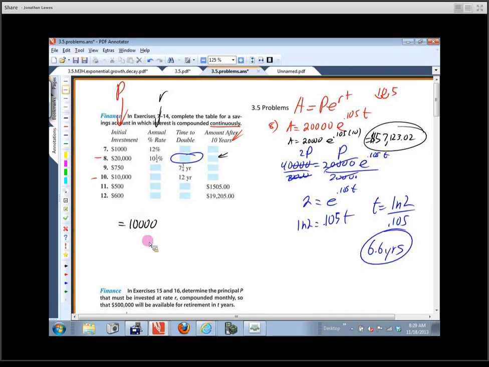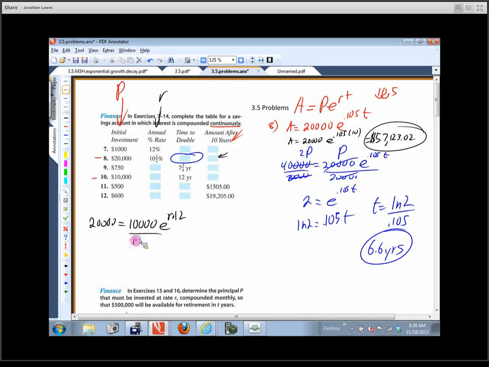That's going to be the principal. I don't know the interest rate, but I do know that if I plug in 12 years, I'd get out double that. I'd get out 20,000. So if they've told us the doubling time, we can figure out what the interest rate was. And then I'd have the formula.